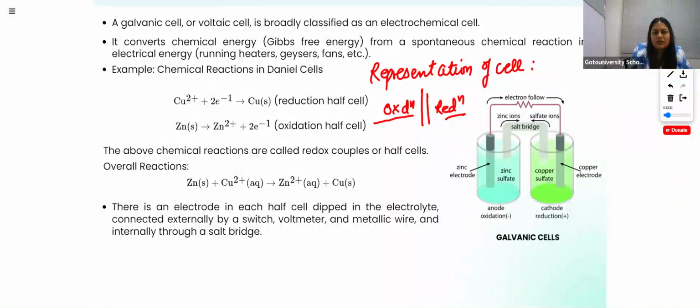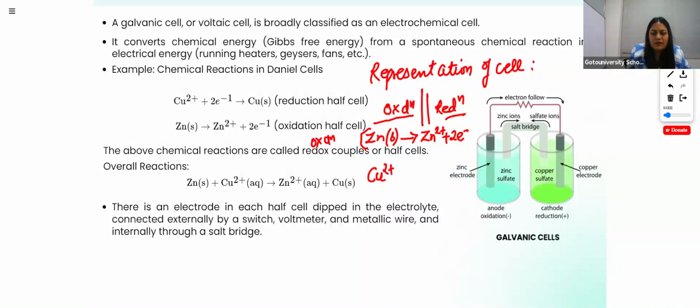Here we write the oxidation reaction, and this side the reduction reaction. So what is getting oxidized here? Zinc. Zinc was first solid, and then it is losing two electrons. This is an oxidation half cell reaction. For the reduction, who is gaining electrons here? Copper.